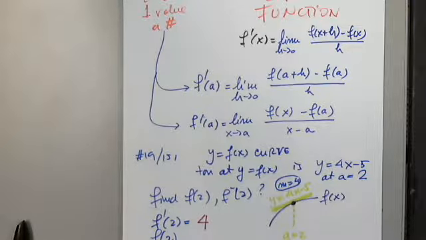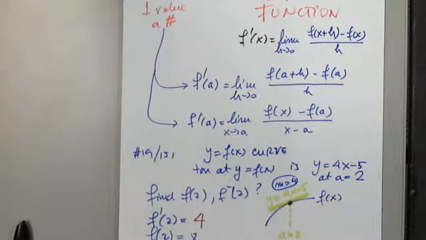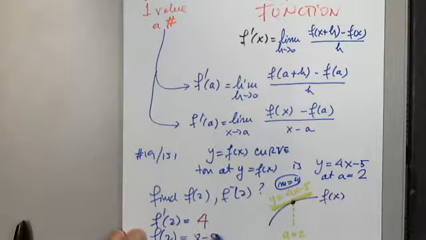So how much is f of 2? Very good. 4 times 2 minus 5, 8 minus 5, which is 3. Very good.